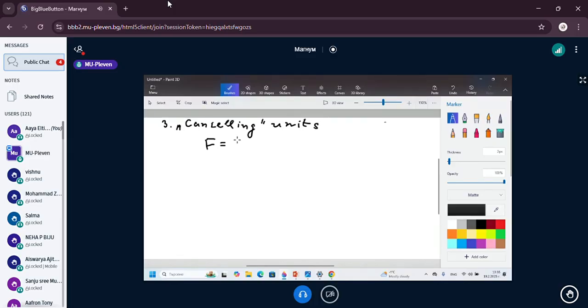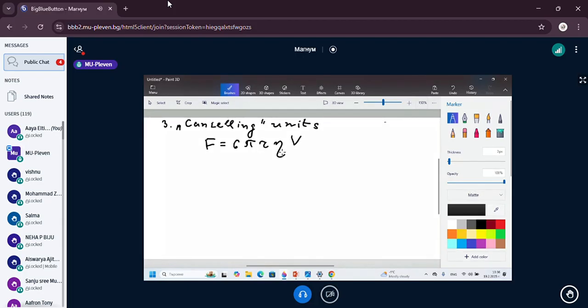So thus the force is 6 pi r eta v. 6 pi are constants, pi being what? 22/7 or 3.14.